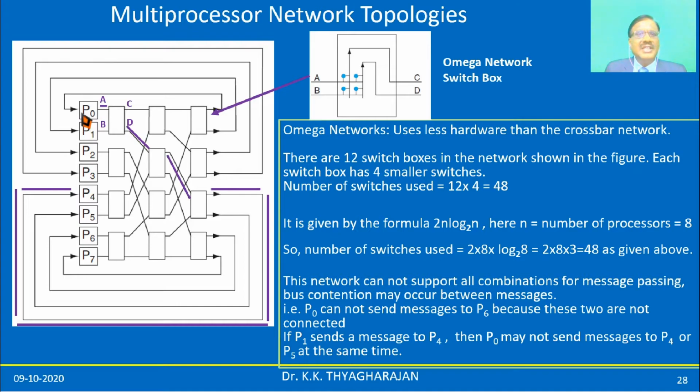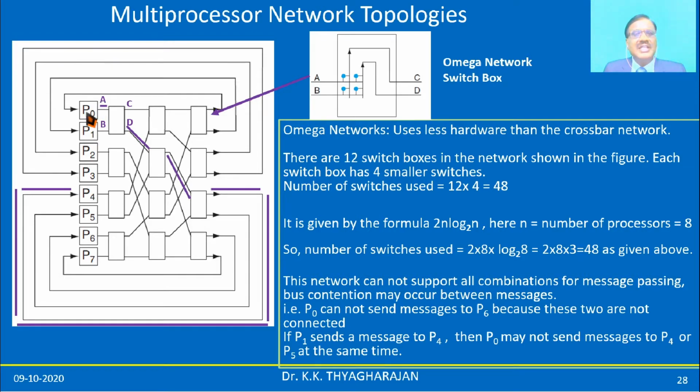If a message is to be passed from P0, it will come to this switch box. From this switch box, it can go to this one or it can go this way. So if it is coming here, it may go like this, or it may go to P1 like this.